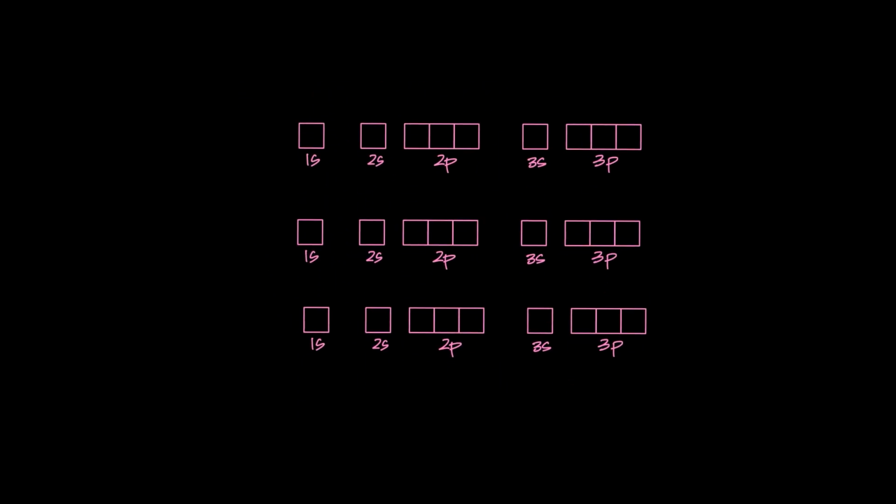Let's take another example. This time around, let's take silicon. Now silicon is 1s2, 2s2, 2p6, 3s2, 3p2.